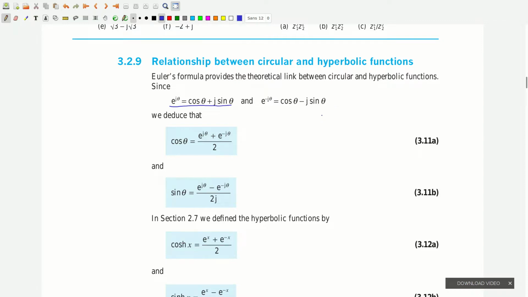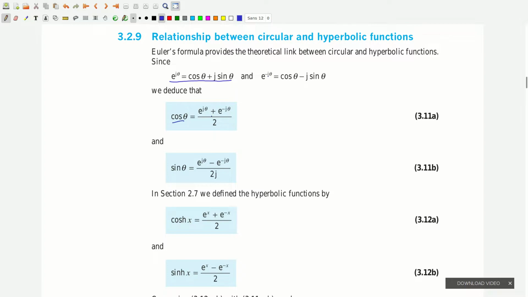Okay, and then what else? We can deduce that cos theta is given as this. If you add these two equations, on the left hand side you have e^(j theta) plus e^(-j theta), and on the right, cos plus cos gives 2 cos theta, and then j sin theta plus negative j sin theta is 0.